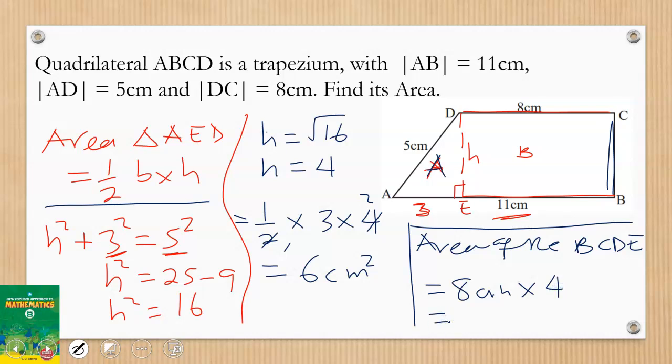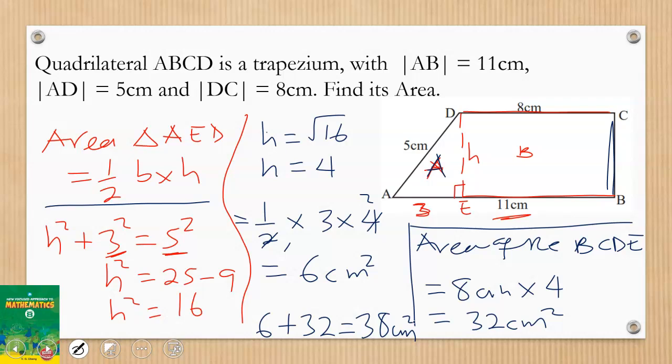If I multiply 8 times 4, I have 32 centimeter squared. So the total area becomes 6 plus 32, which of course will give us 38 centimeter squared. And that answers the question. That is the application of that.